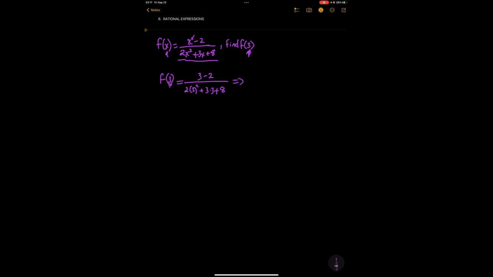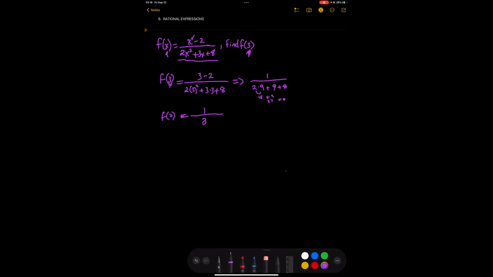So 3 minus 2 is equal to 1 over 2 times 3 squared. 3 squared is equal to 9, plus 3 times 3 is equal to 9, plus 8. And so f of 3 is going to be equal to 1 over 2 times 9 is 18, right? 18 plus 9 is 27 plus 8 is equal to 35.